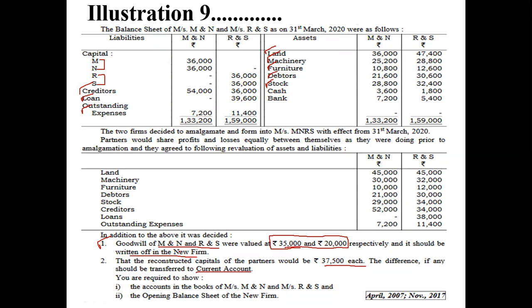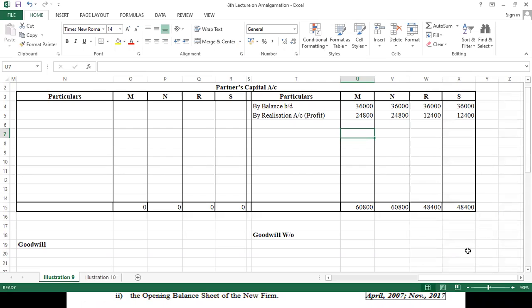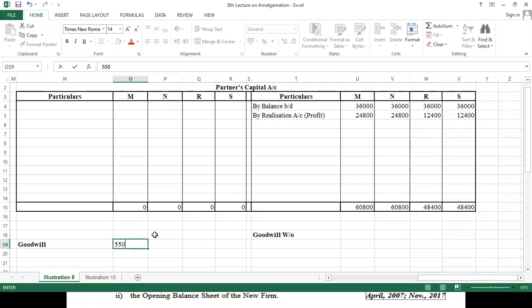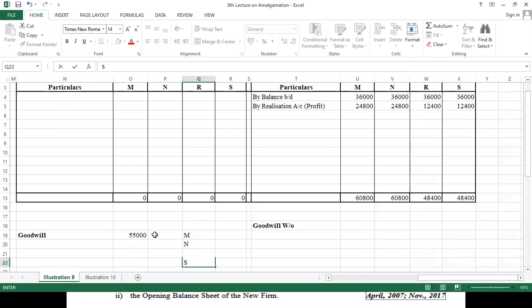The second part is to write off the goodwill of the firm in the new account. So goodwill is total 35,000 plus 20,000, so it comes to 55,000. And we have partners M, N, R, S, and they are equal partners.